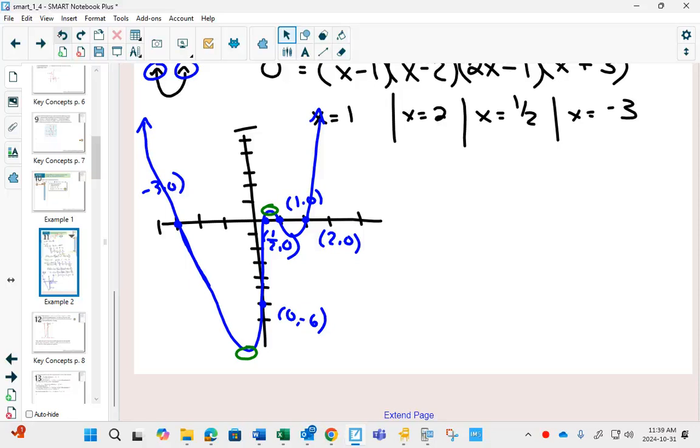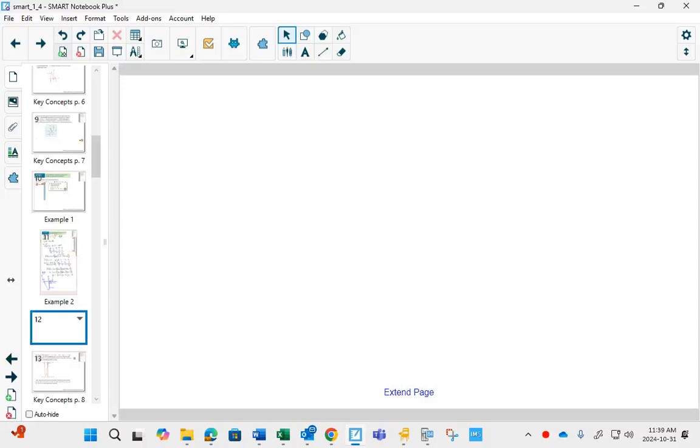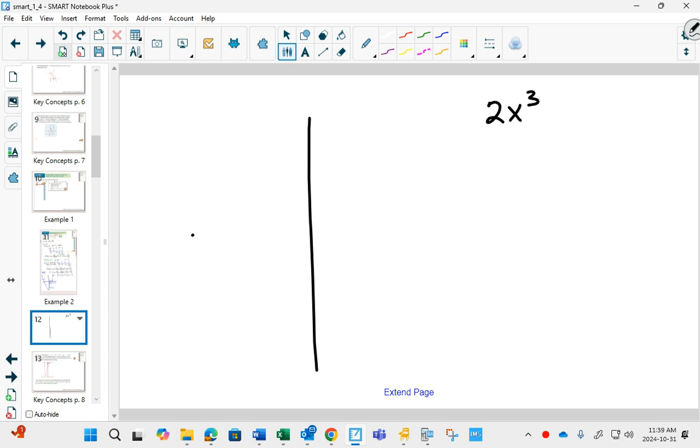Now, to lead into the next idea, I'm not going to give you the equation. I'm going to tell you that this equation was an x cubed graph, a positive x cubed graph, even though the first number was a 2. Okay? I'm going to tell you that your graph had the following.